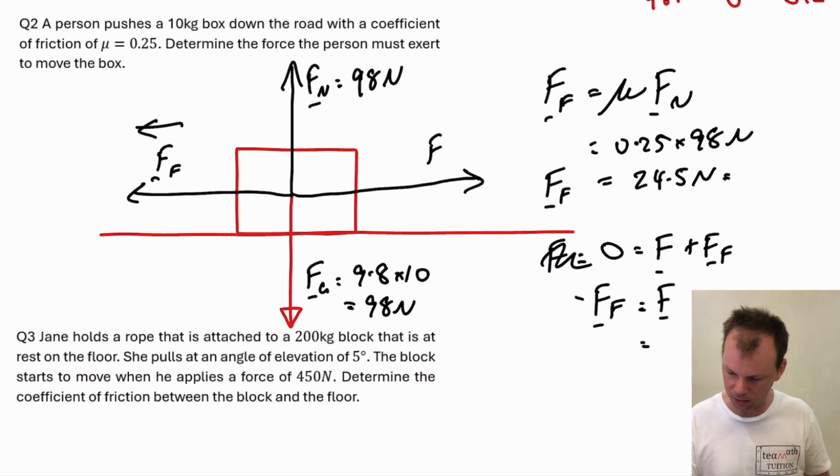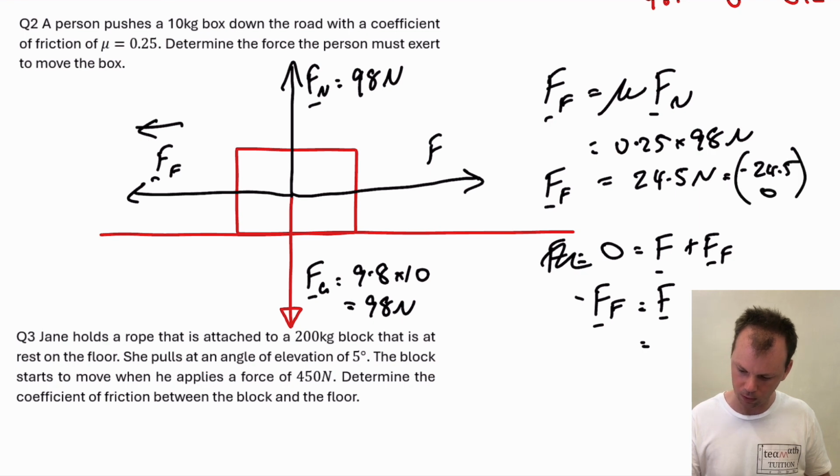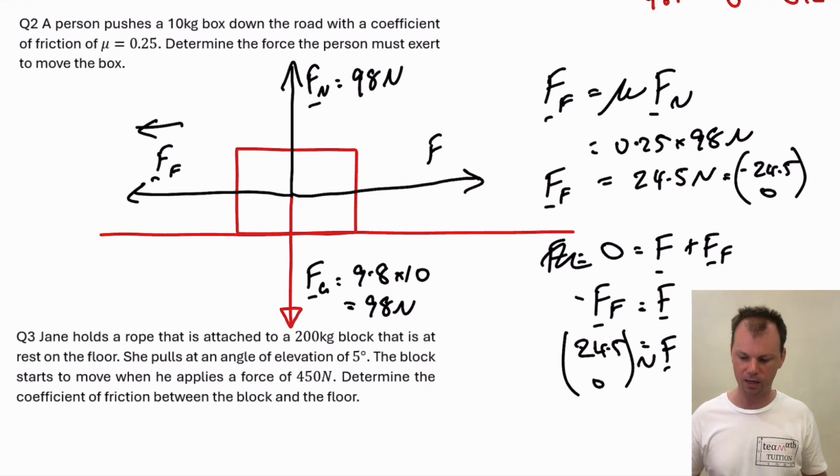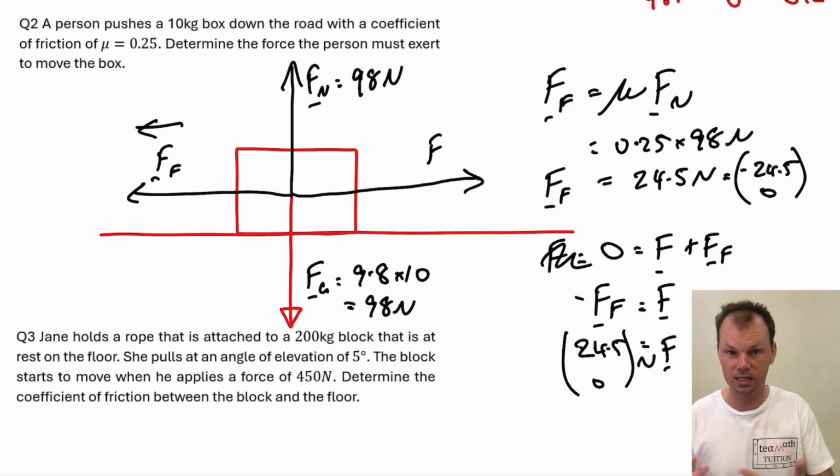We can call that negative 24.5. So that means our force is going to be 24.5 in the positive i direction. So that's how much force we're going to have to apply to just start it to move.